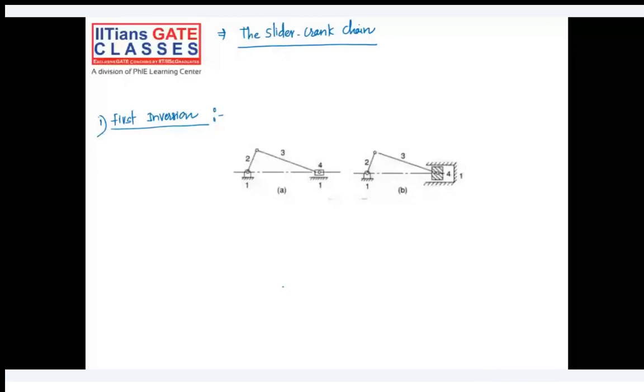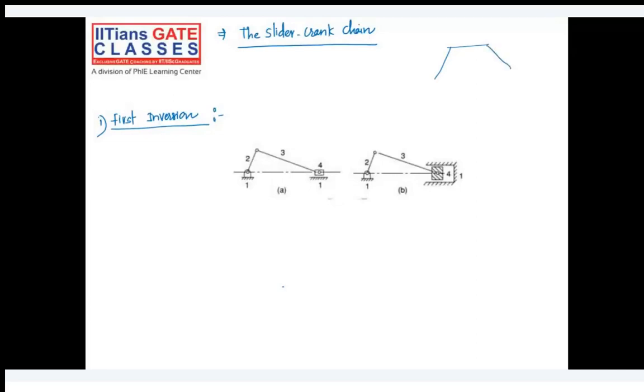Okay. And now I'm fixing first link, and that's why I'm calling it as a first inversion. Different mechanisms we can obtain by fixing the different links of this slider crank chain, and we are calling it as inversions. Okay. So first inversion will look like this, and the application of this we will do in reciprocating engine, compressor, pumps, etc.